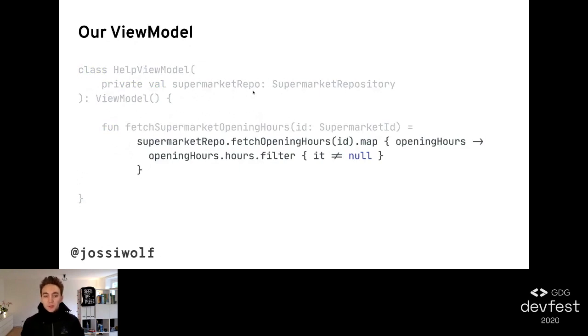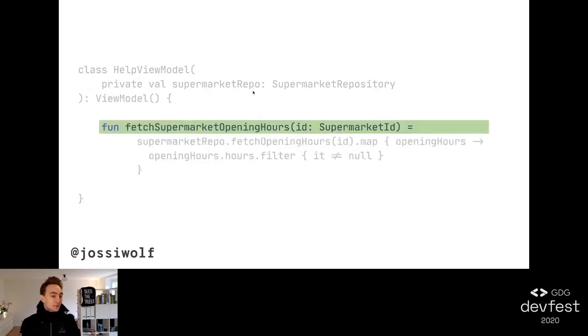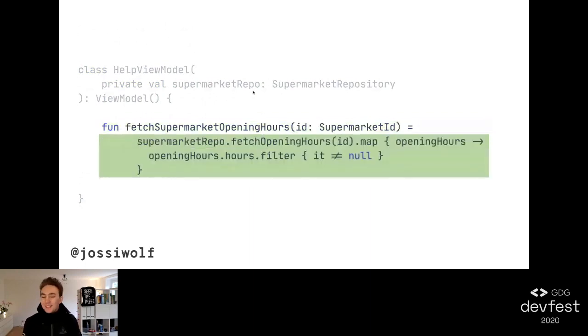But then we went to investigate and looked into our code really hard, step by step. It turned out that we were making sure that this fetch supermarket opening hours in the view model was being called on a background thread because we didn't want to block the main thread, obviously. And then we were like, okay, this should be called on a background thread as well, right? Why would it change?